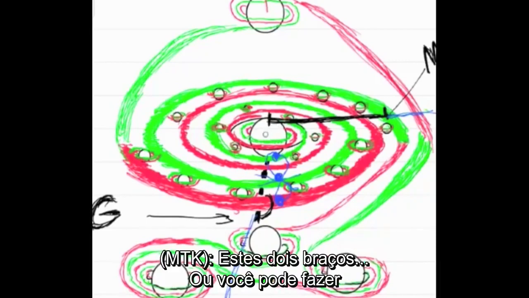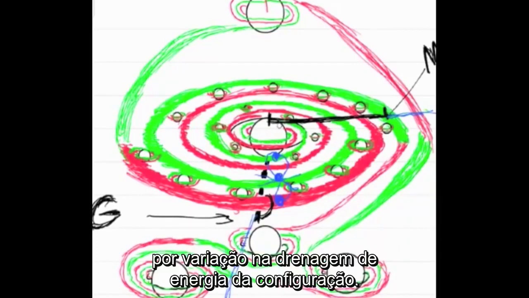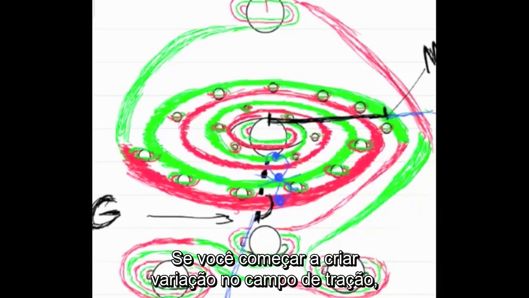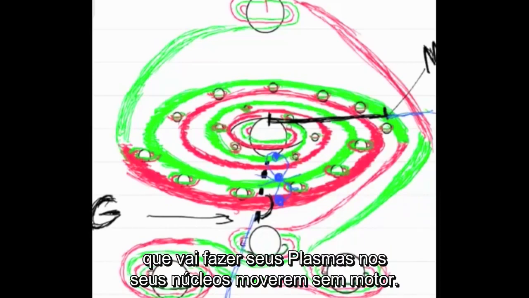You can do it by variation in the power drainage from the set. If you start creating a variation in the field pool of the magnetical and gravitational ring, that will create a vortex of the fields, which will get the plasmas in your cores moving without the motor.